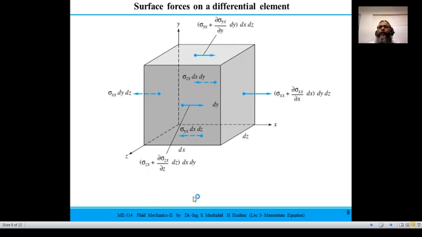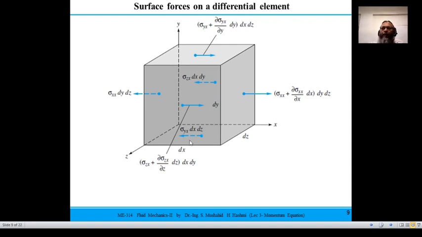So if we see the forces that are acting in the x direction only, this is the component of the stress multiplied by the area. Stress has a unit of Newton per meter square, so multiplied by area, it would have a unit of force. So the force that is acting on this area would be sigma xx times this area, because this is dy, this is dz, so area is dy dz.